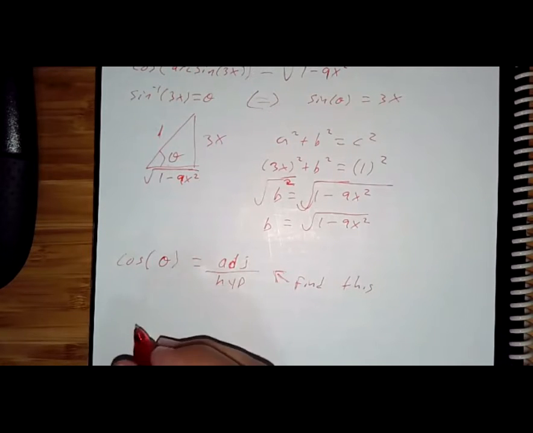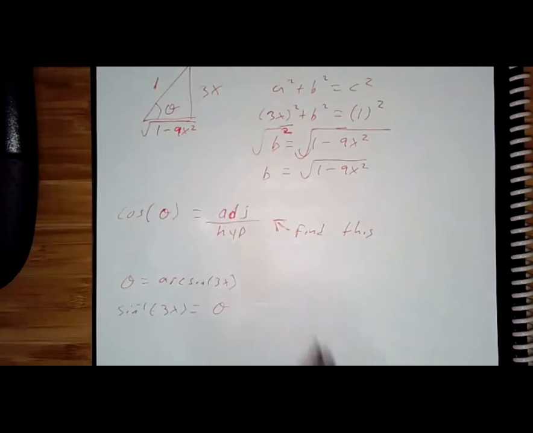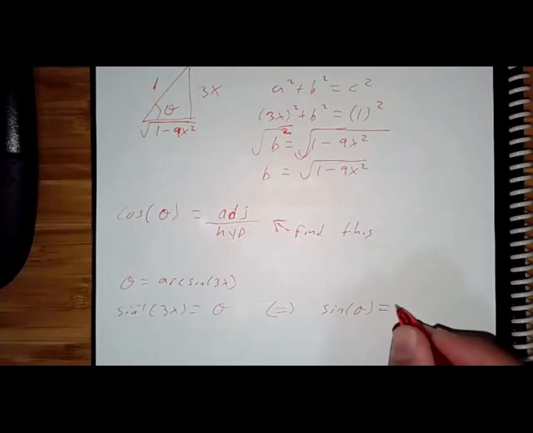It's just that theta is equal to arc sine of 3x, or if you prefer, sine inverse of 3x equal to theta. Same thing. So we use the definition to change it to get sine of theta equal to 3x.